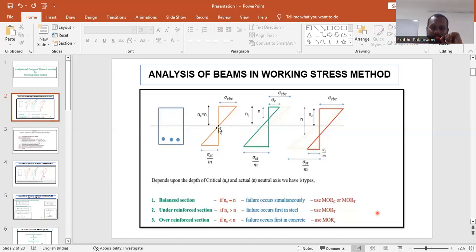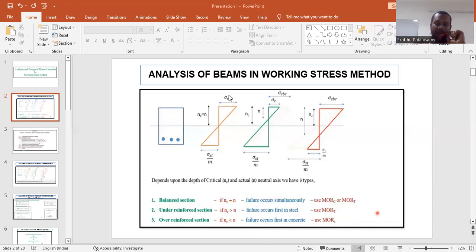In the under reinforced section, NC is greater than N, and in the over reinforced section, NC is less than N; that is, N is greater than NC.